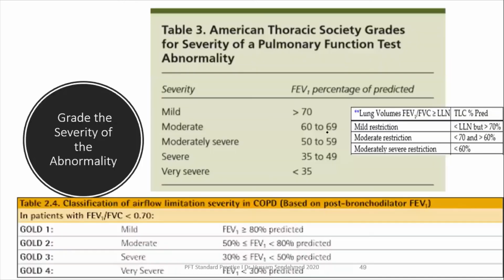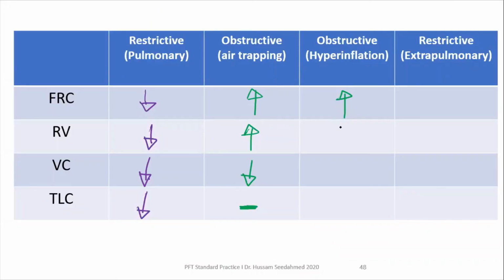In hyperinflation, the residual volume is also going to increase. What about the vital capacity? In hyperinflation, the TLC is also going to increase, so this is proportional. So the vital capacity will remain unchanged. This is in hyperinflation.